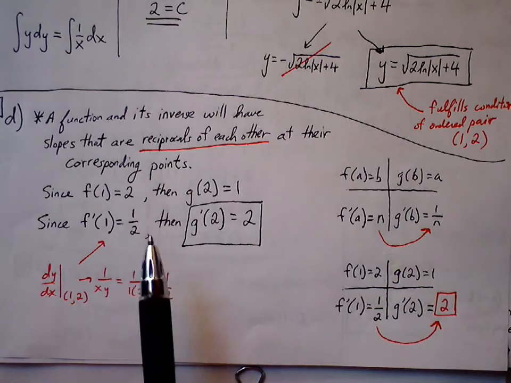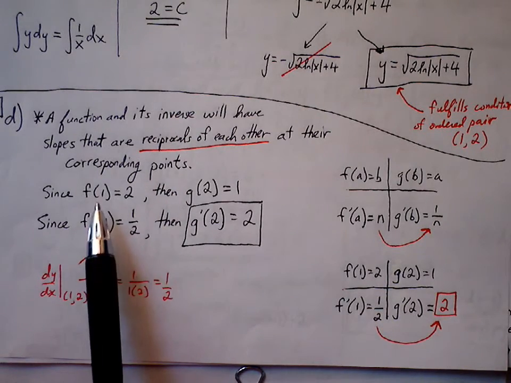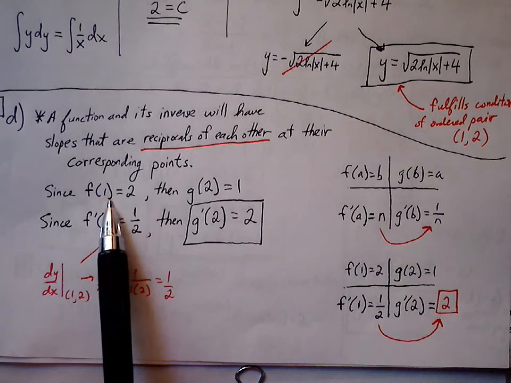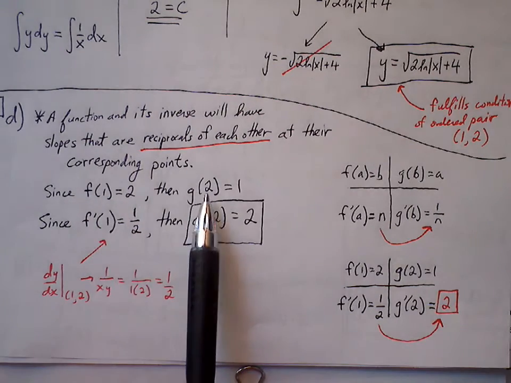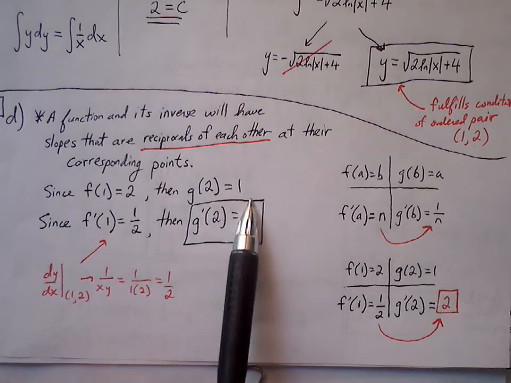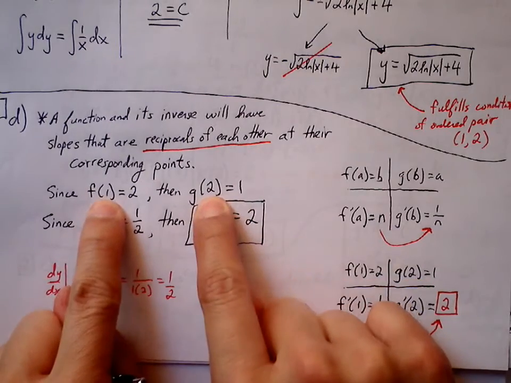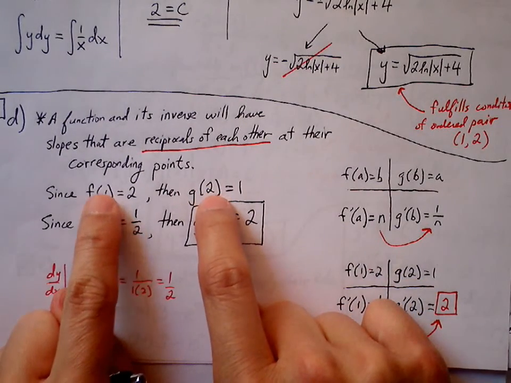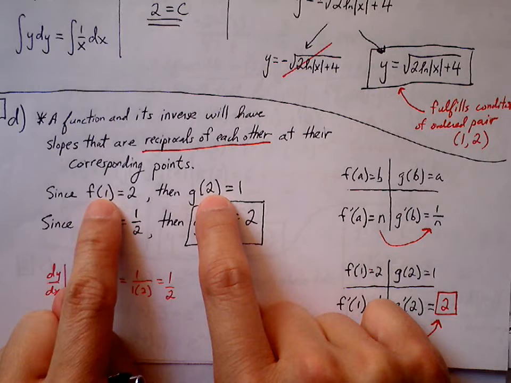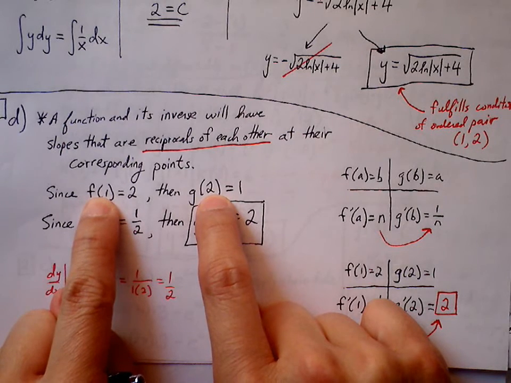Okay. So what that means is if an ordered pair of 1, 2 exists on the f graph, then because the g function is the inverse, it must have this ordered pair of 2, 1. Now, the relationship is going to be at these points here. So the slope of the graph of f at 1 is going to be related to the slope of the g graph at 2.